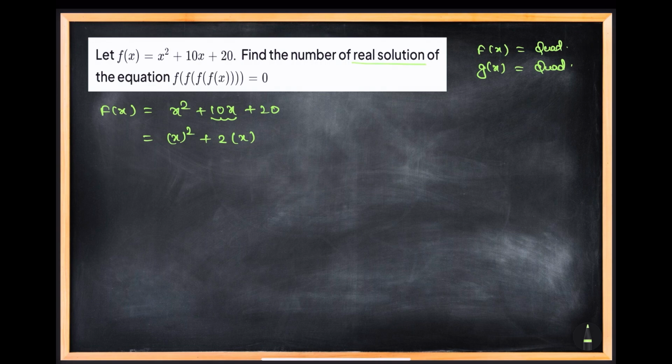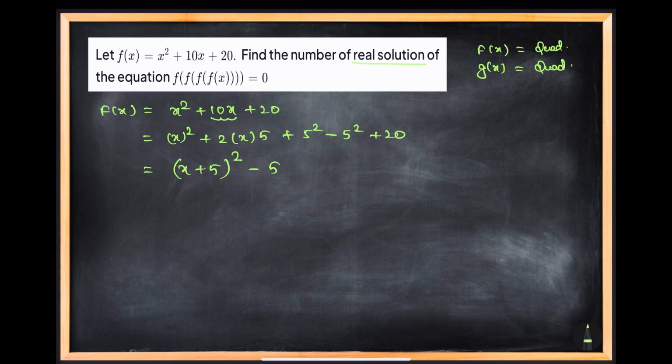Now what should we put as b so that this 2x can become 10x? It should be 5. Now to make this a perfect square, we should add 5 square, and we have to subtract to balance the equation, plus 20. So we got x plus 5 whole square minus 5. So this is the factorized form of this quadratic equation.